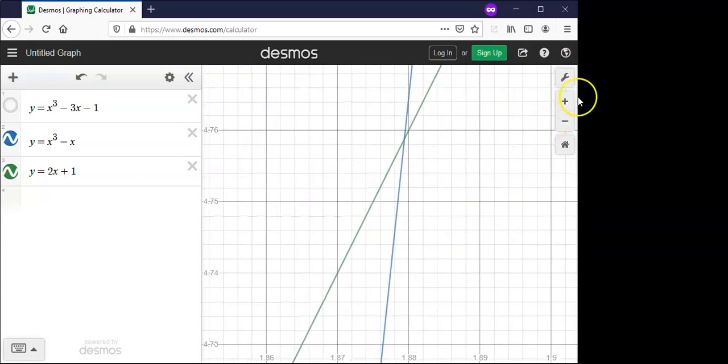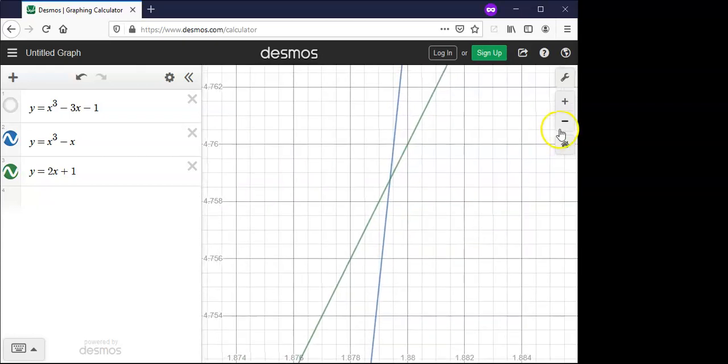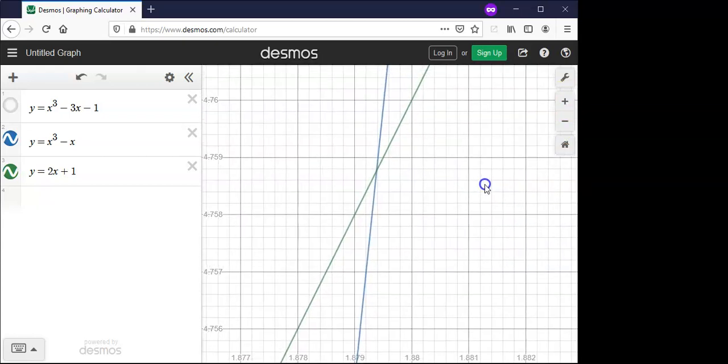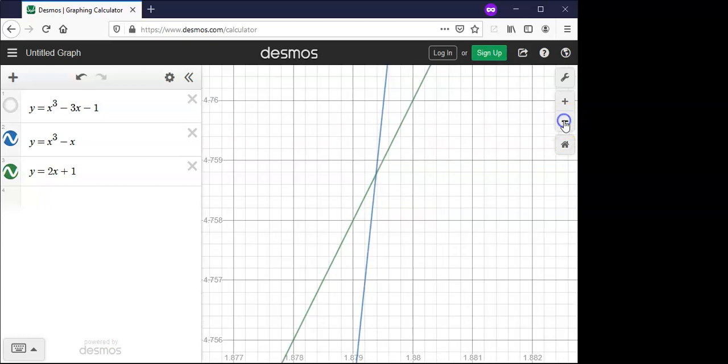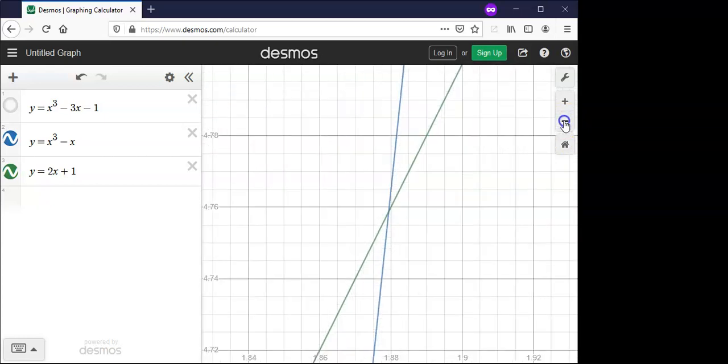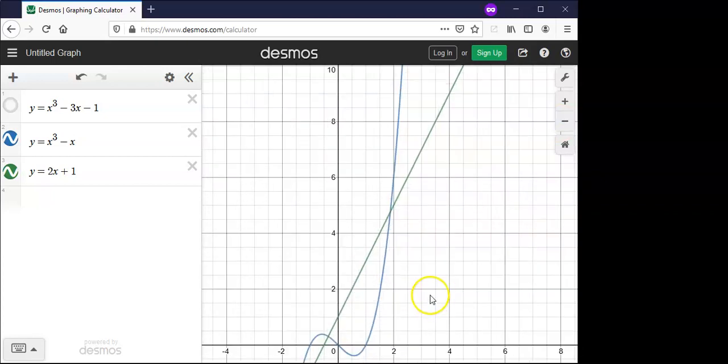Okay, that looks good. 1.879, 1.795. So this is closer to 1.879. So that's going to be my approximate solution if I zoom in. And that's how you use your handheld calculator, which is not really good.